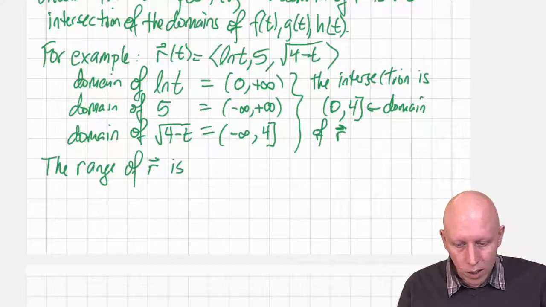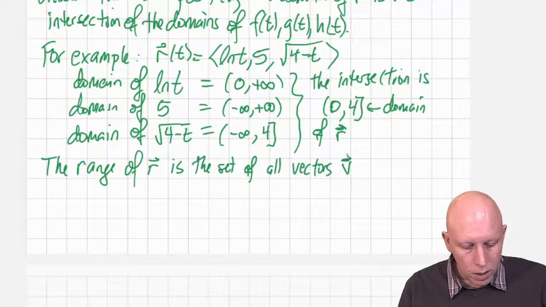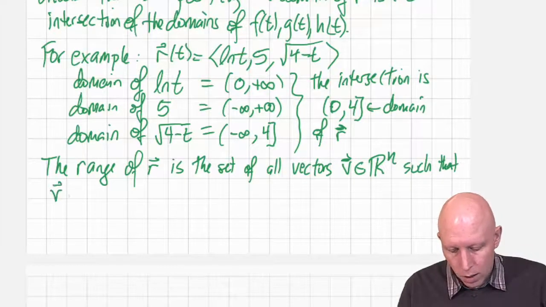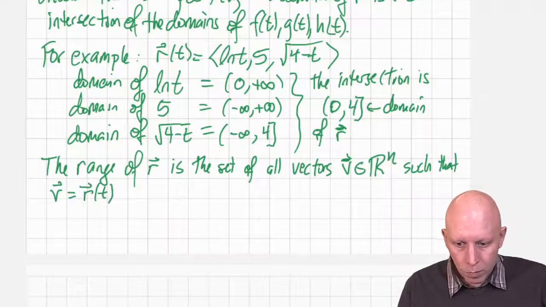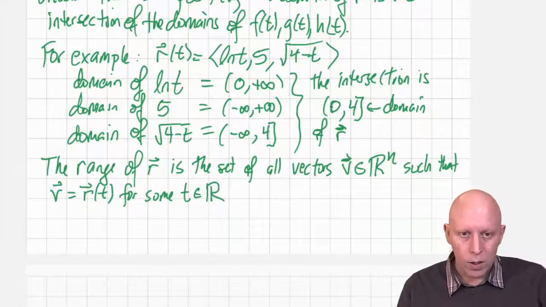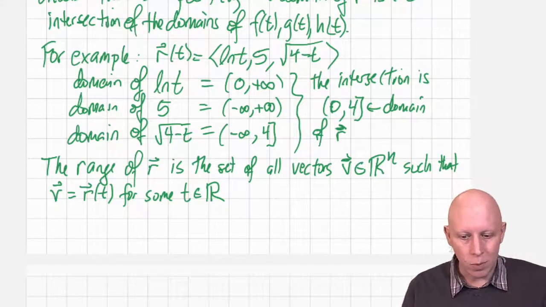So the range of R is the set of all vectors v in Rn such that v is equal to R of t for some t in R. So right, it's any vector that appears if you plug in some t.